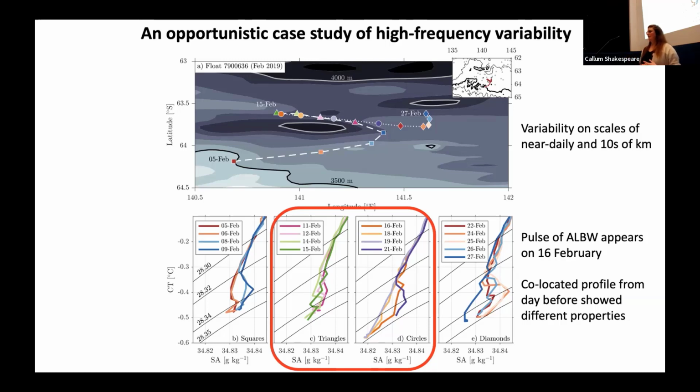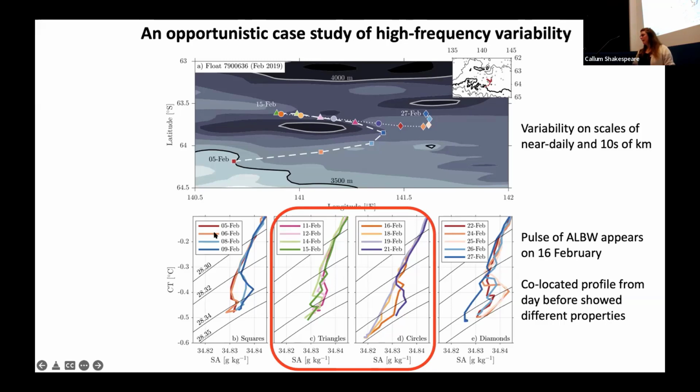So just keep that in mind. And these profiles, aside from the first 2 or 3, are full depth, and the maximum pressures only span about 50 or 60 decibars. So it's almost completely along the same isobath.